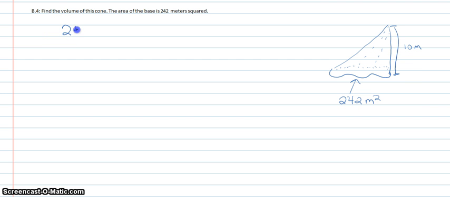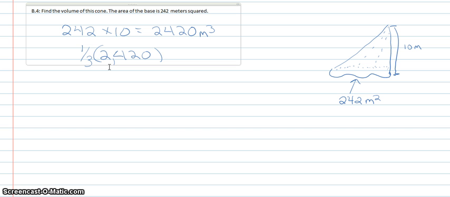I'll go ahead and write that out again. 242 times 10 equals 2,420 meters cubed. And then we're multiplying this 2,420 times 1/3. So when we multiply that together, we're going to get 806.67 approximately meters cubed. And then that's our answer for the volume of this cone.